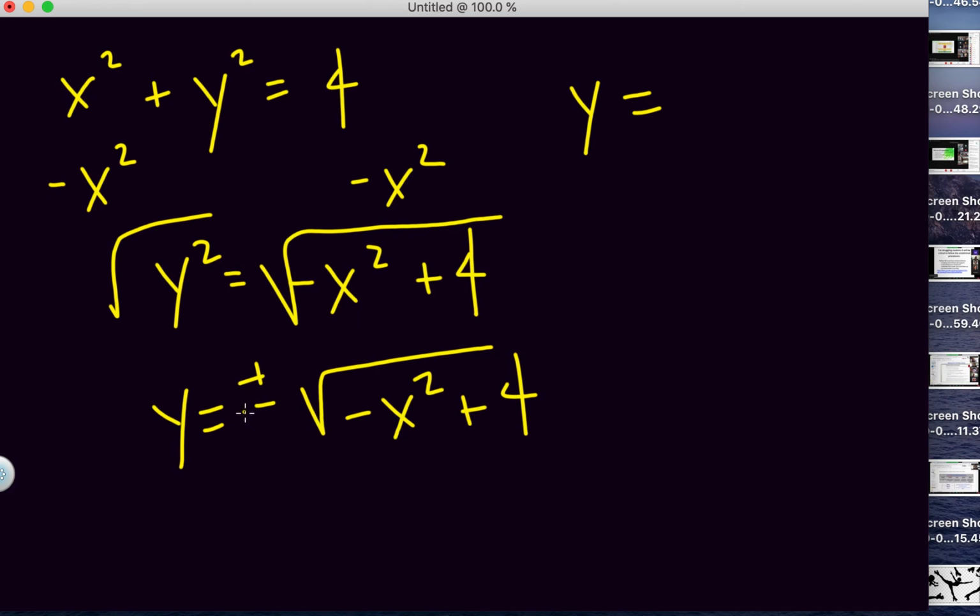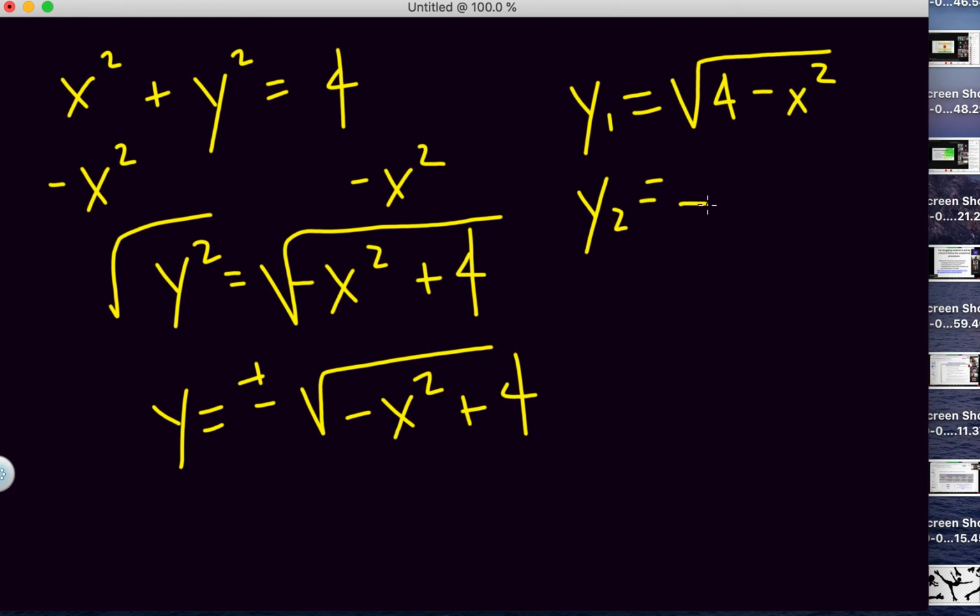Now, again, if we're looking at a calculator, you're going to have y1 equals and y2 equals. You're going to have to break this into two different equations. So we're going to have y is equal to the square root of, if this negative bothers you, move it, 4 minus x squared.